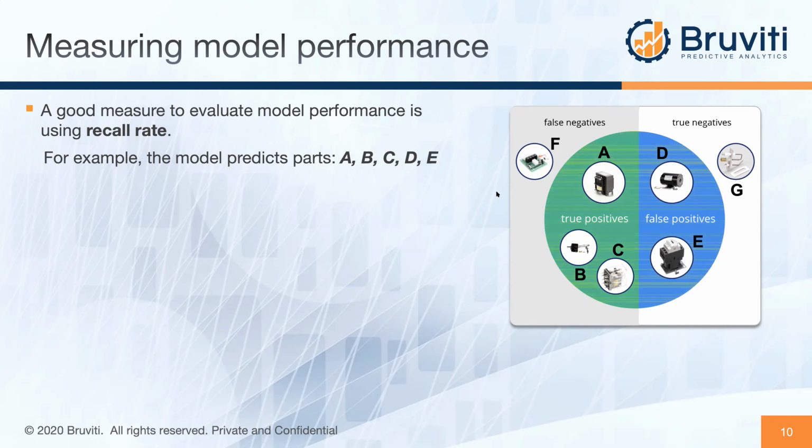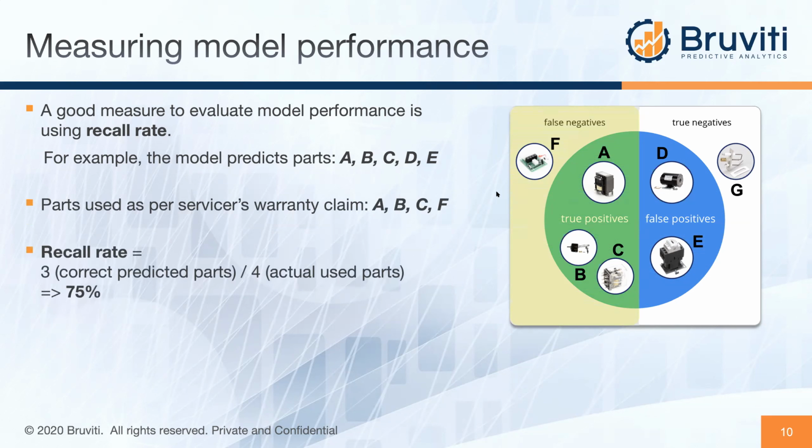So for example, if the model predicts that we are going to use parts A, B, C, D, E, and in reality, the parts used by the servicers in previous calls are probably parts ABC. So in this case, we could predict 3 parts out of the 4 parts that are actually required for this call. So the accuracy rate of the engine is the recall rate. In this case, we will use 75%.